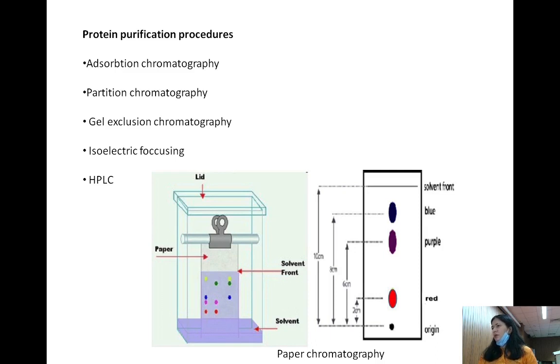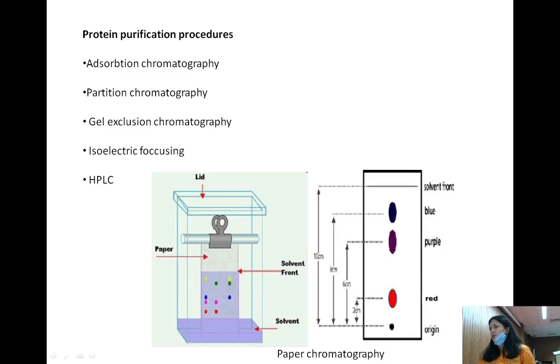Now what we'll do next is soak this filter paper in a tank which consists of a solvent. The solvent contains a polar as well as non-polar mixture. So these amino acids will migrate along with the solvent, and they will migrate at different distances depending upon their polarity.